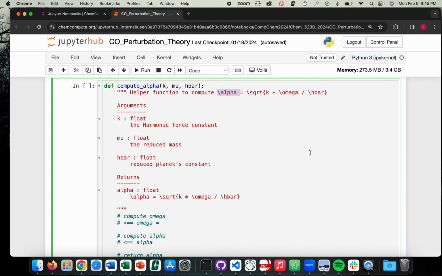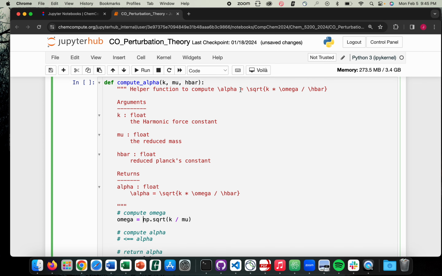And so omega, you might remember, is equal to the square root of k over mu. So that's how we get the fundamental frequency in the harmonic approximation.